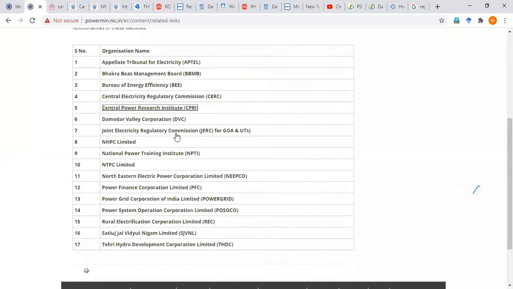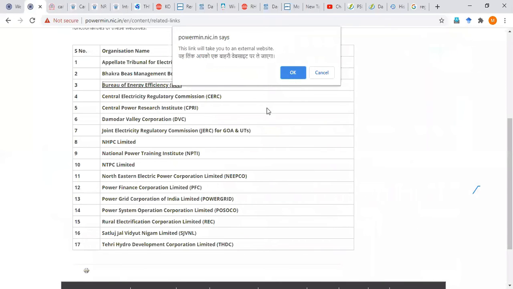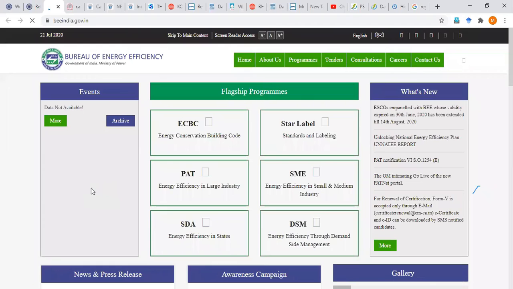Then about, yeah, this Bureau of Energy Efficiency. Even with this, you might get an option to groom your career in the field of energy auditor and energy manager. So Bureau of Energy Efficiency is conducting exams for energy manager as well as energy auditor.